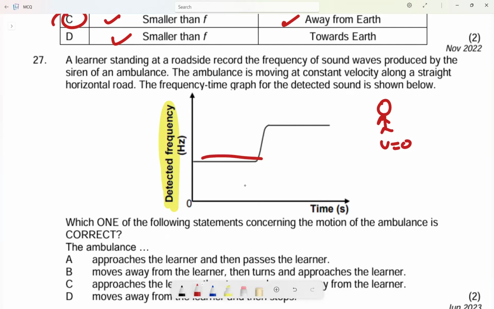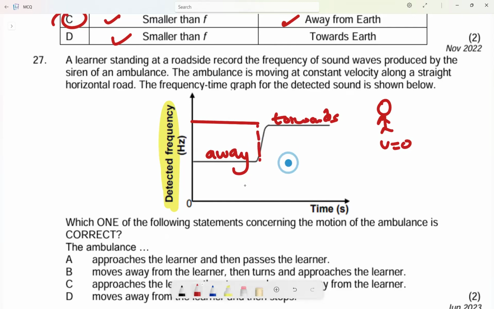Here, can you see the frequency is low, so it means it is moving away. Here, the frequency is high, it is moving towards. I drew this graph in the video that I recorded when I explained the concept of Doppler. It started by moving towards, then as time went by, it went away.